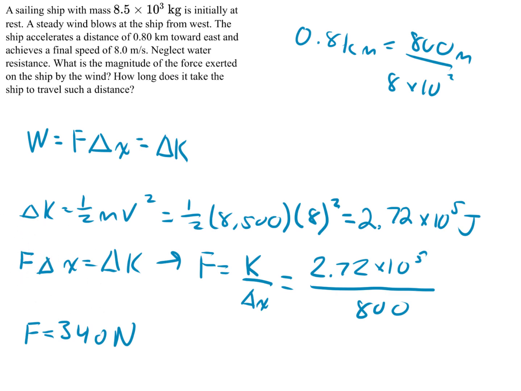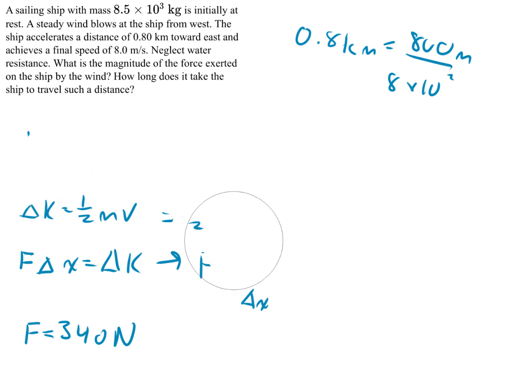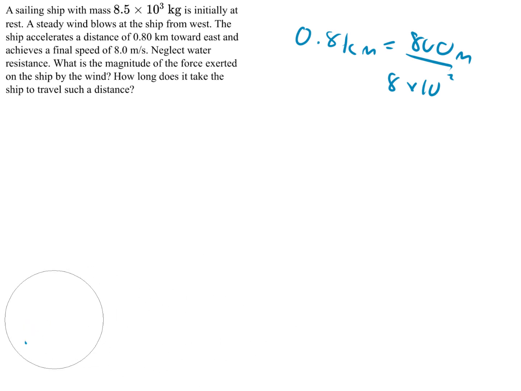So I'm going to erase some of this stuff here. So the magnitude of the force exerted on the ship by the wind is equal to 340 newtons. Now we need to figure out how long it takes for the ship to travel the distance of 800 meters.